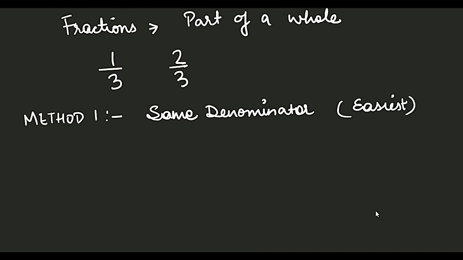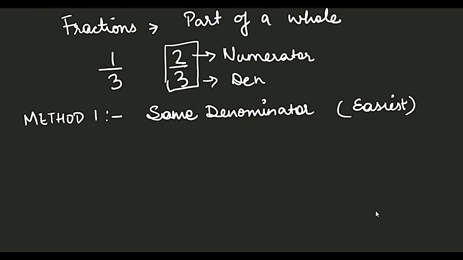Also, if somebody is new to fractions as a concept, in a fraction, the number on the top is termed the numerator, and the number on the bottom is called the denominator. The first method says that if you've got two fractions to compare and both have the same denominator, like the example I've already taken above.